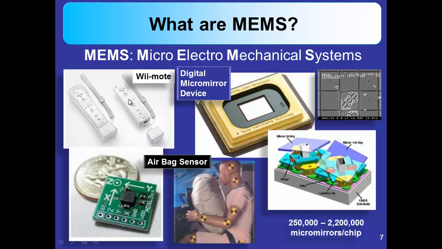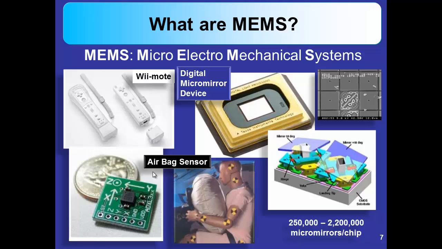In the main part of the Wiimote, there's an accelerometer, and there's also a Motion Plus add-on sensor that actually has a gyroscope in it. And those devices are what allow you to control the action on the screen, allow you to interact with your games.